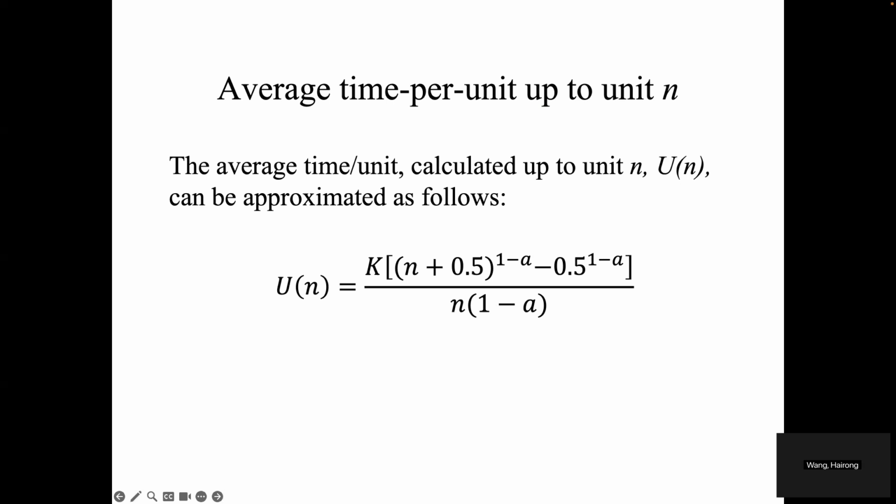Actually, calculating the average time per unit exactly can be quite complicated because each unit's time decreases nonlinearly as production continues. This formula provides a simplified, approximate solution that is computationally efficient and sufficiently accurate for practical purposes.